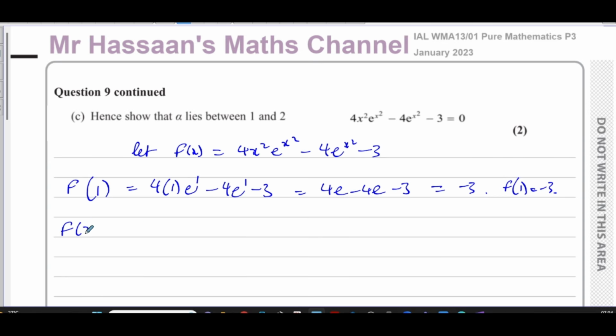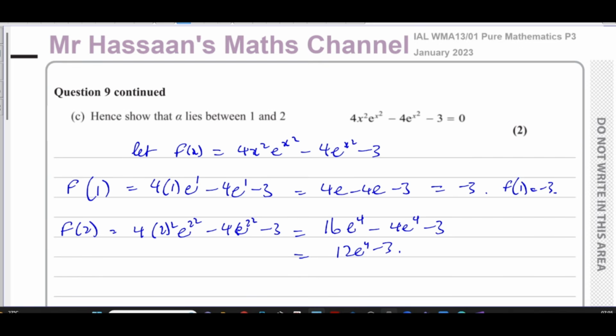And when we substitute 2 into here, we have 4 times 2 squared times e to the power of 2 squared minus 4 times e to the power of 2 squared minus 3, which gives you 4 times 4, which is 16, e to the power of 4 minus 4 times e to the power of 4 minus 3, and that gives you 12e to the power of 4 minus 3.